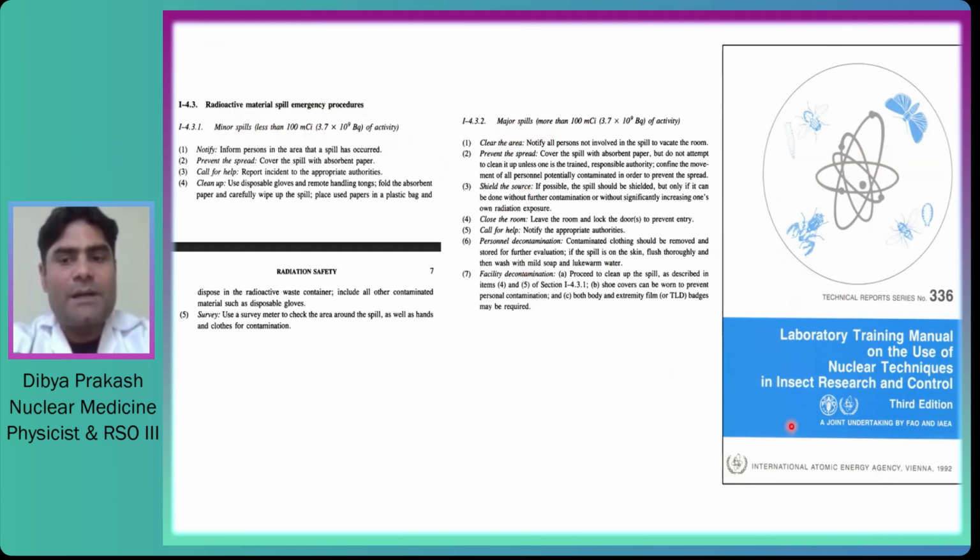This IAEA document is from 1992 and is still in effect, because it has not been revised, and the website does not say it has been superseded by any other guideline. So it says minor spill is less than 100 millicurie and major spill is more than 100 millicurie.